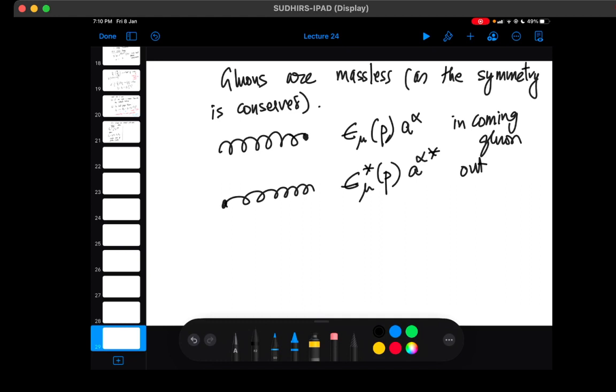So these again are your color factors, which exist independent of this thing.